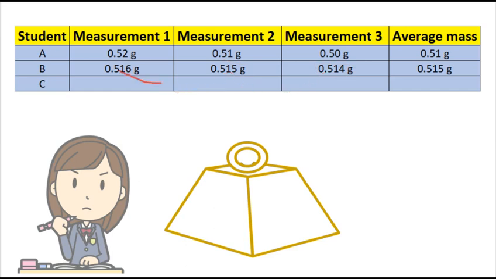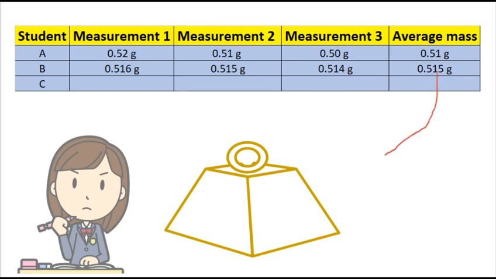If you add 0.516 plus 0.515, somewhere around 1.031, plus 0.514, it will be somewhere around 1.545. Now how many times did she take the measurement? 3 times. So she will divide that number by 3 and she will get 0.515 grams. Fine.